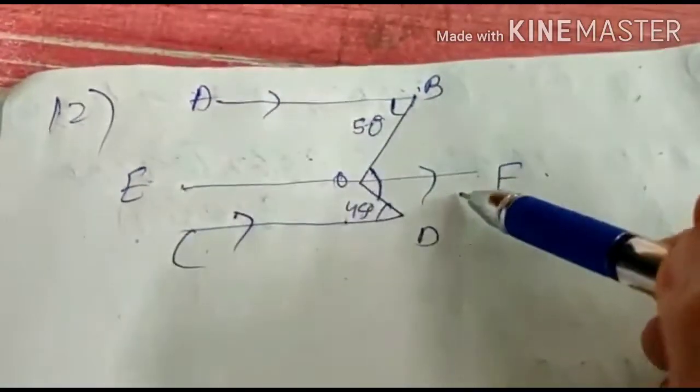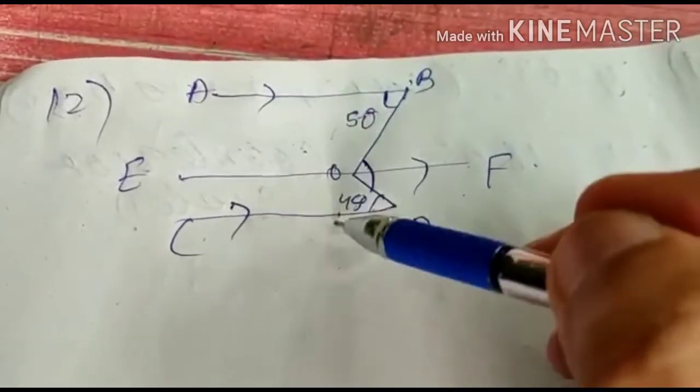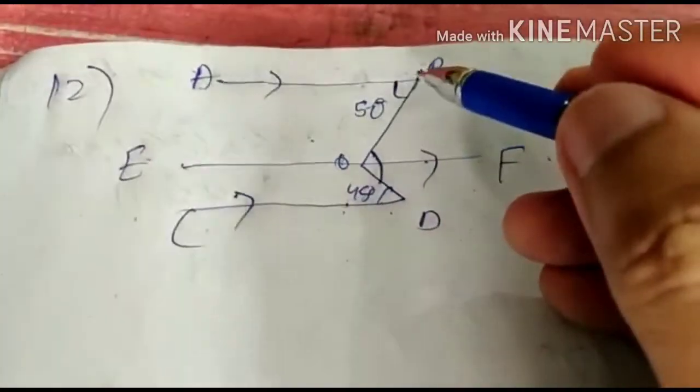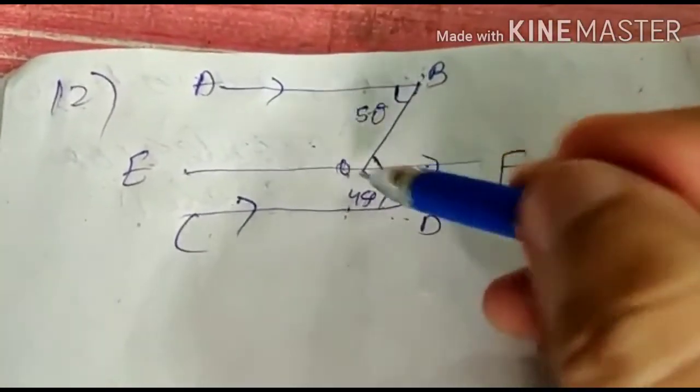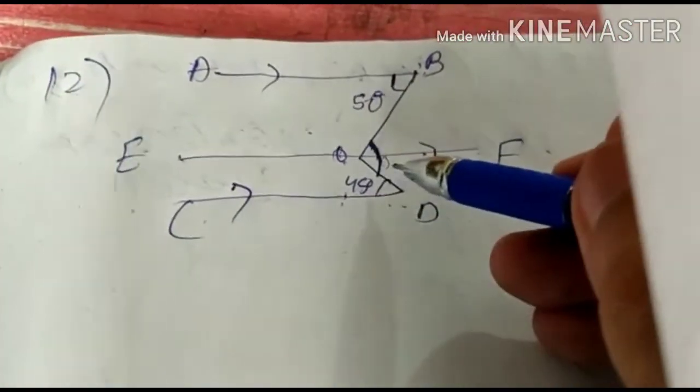This EF line is parallel to AB and parallel to CD as well. Now if you see, angle BOD has been cut into two parts, this and this.